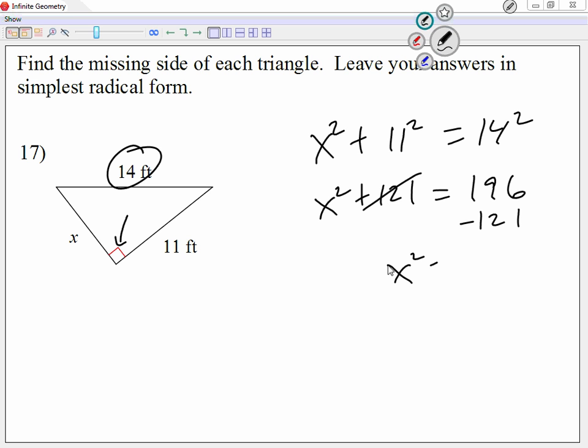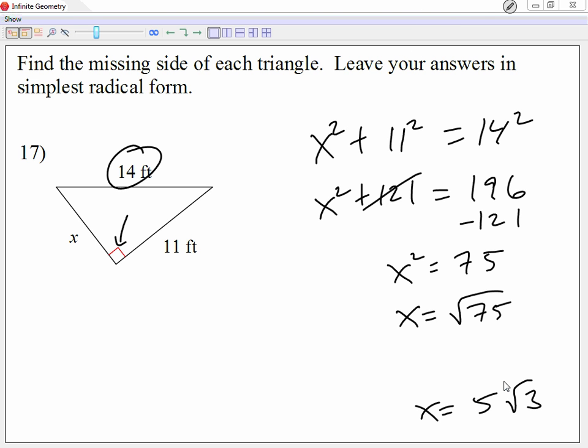So I have that x squared is equal to 75. So if x squared equals 75, x is equal to the square root of 75. But the instruction said leave your answer in simplest radical form. So I'm going to simplify this as 5 radical 3. Make sure you simplify your radical. The way I got that, in this case I went 25 times 3, my 25 as 5 times 5, groups go out, single stay in. So that's why I called it 5 radical 3. So don't forget to simplify your radical.